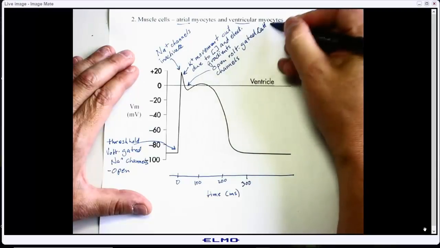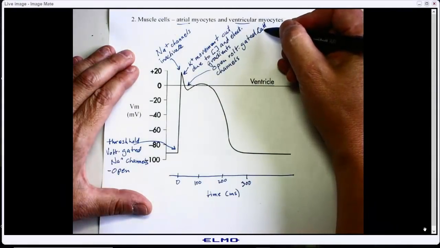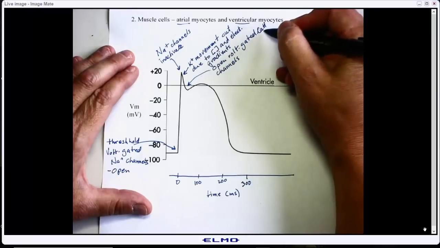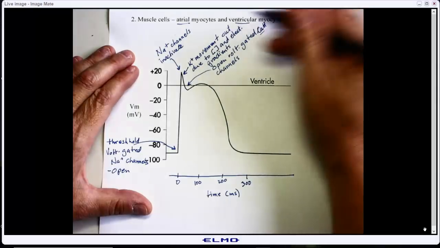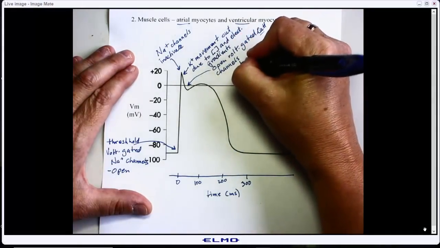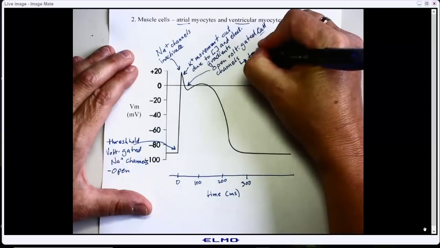This is them right here. So pretty much the whole reason for trying to get this muscle cell to depolarize was so that we could open a voltage-gated calcium channel and let calcium into the cell. So in essence, this is trigger calcium.